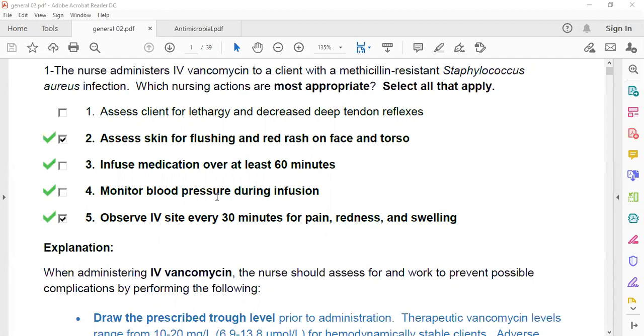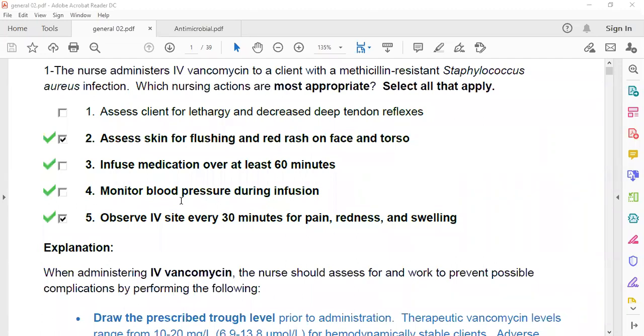And also we know the vancomycin therapeutic index is very narrow. So monitor the blood pressure. Why blood pressure? Because the patient may develop hypotension. Another reason is we should stay with the patient.